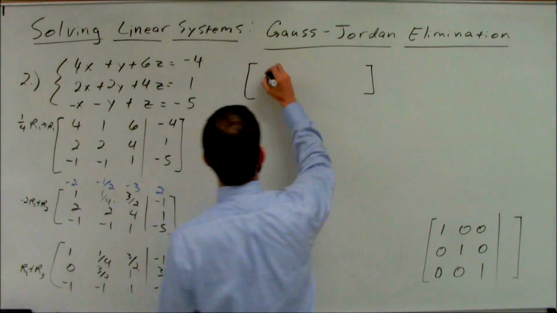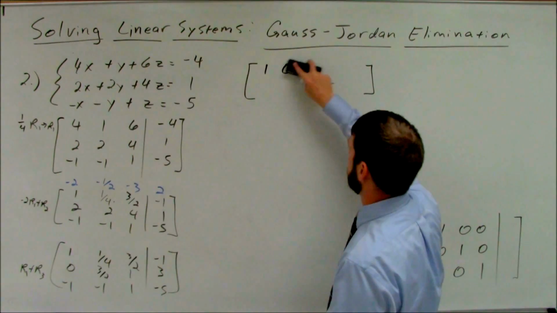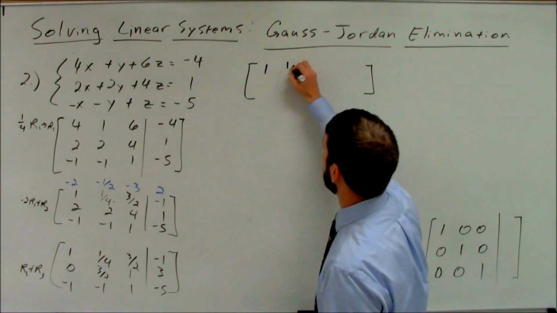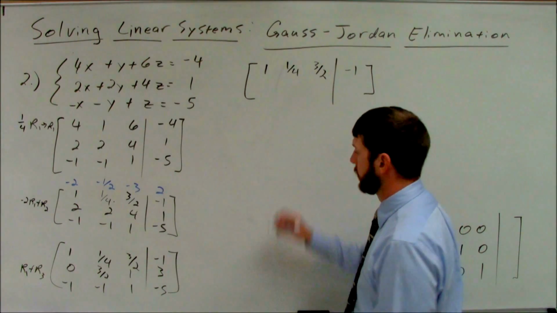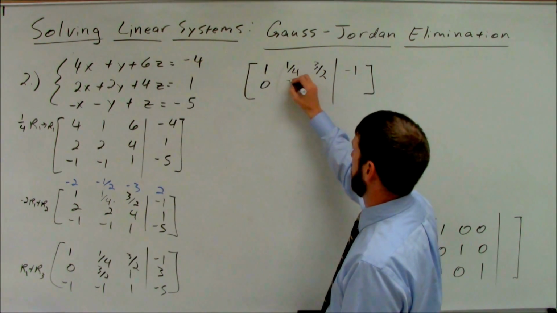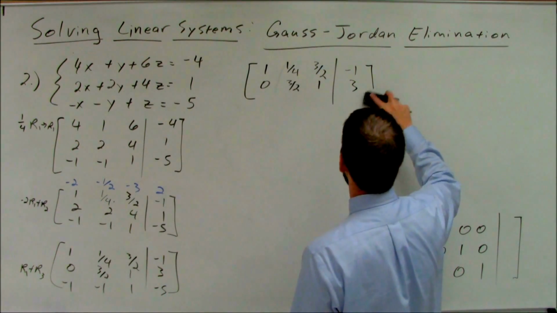So row 1 stays the same. 1, 1/4, 3/2, and -1. Row 2 stays the same. 0, 3/2, 1, and 3.